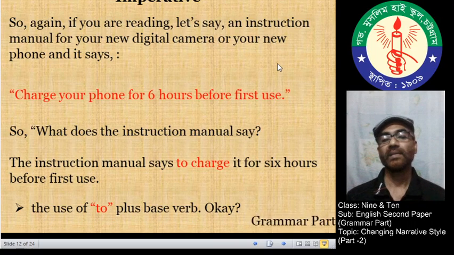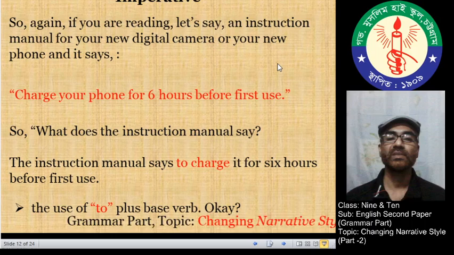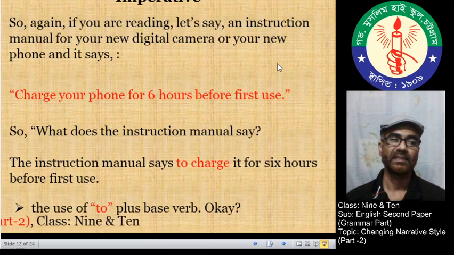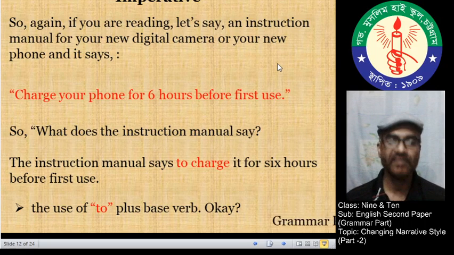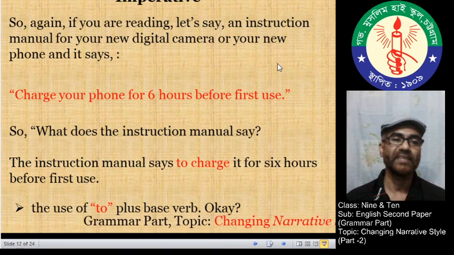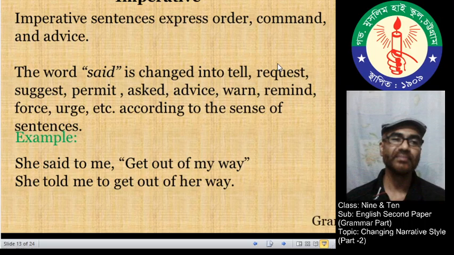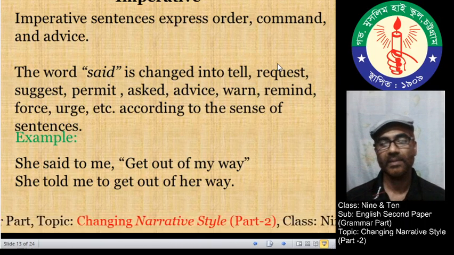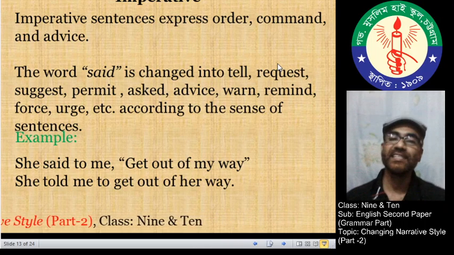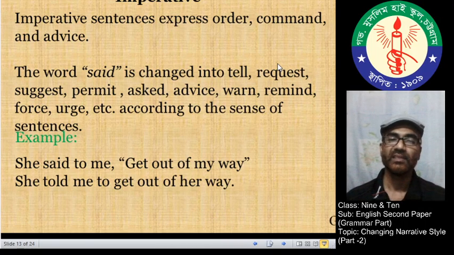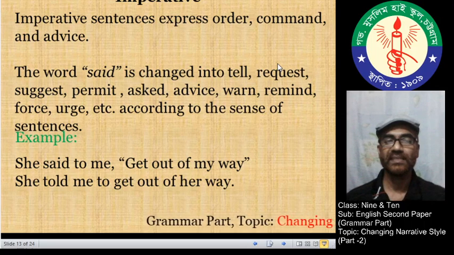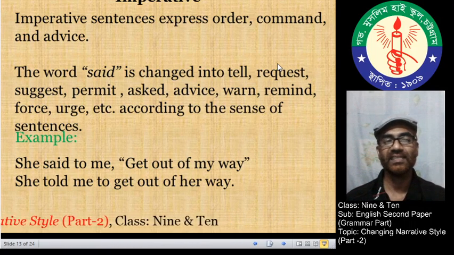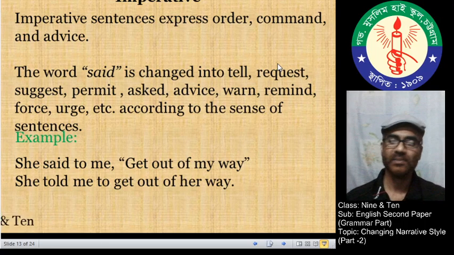So you have to remember that you must use to plus base verb while changing direct speech to indirect speech if it's an imperative sentence. Okay. Imperative sentences actually express order, command, and advice. The word said is changed into tell, request, suggest, permit, ask, advise, warn, remind, force, urge, etc. according to the sense of the sentences.